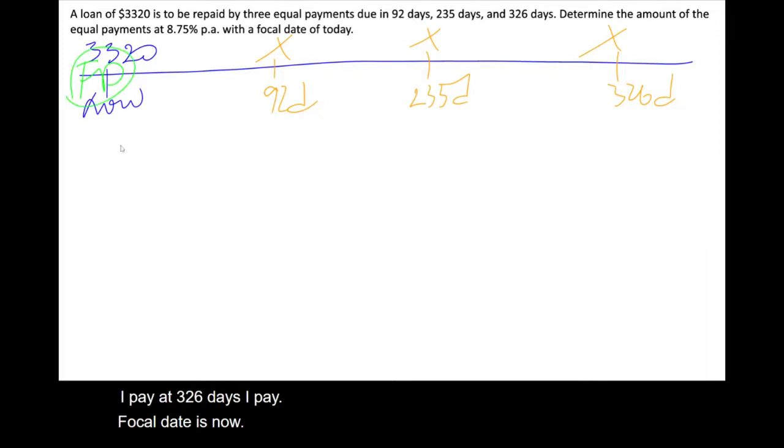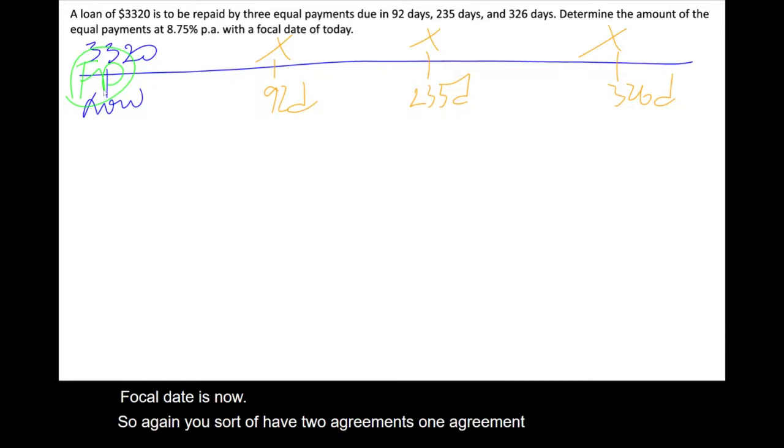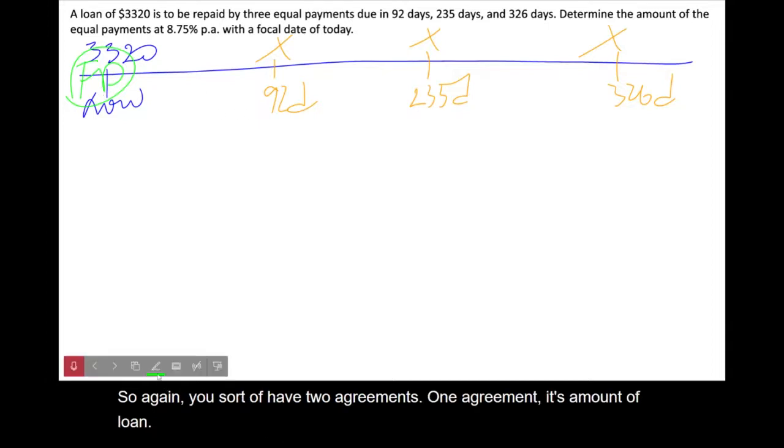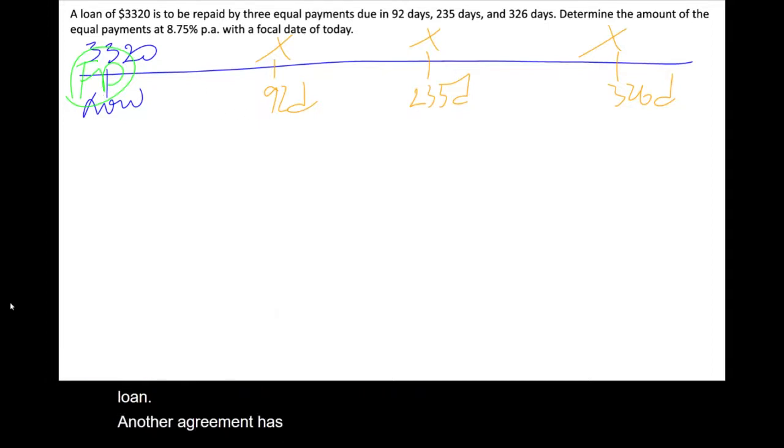So again, you sort of have 2 agreements. One agreement is the amount of loan. Another agreement has equal payments. So I can create equation right away.